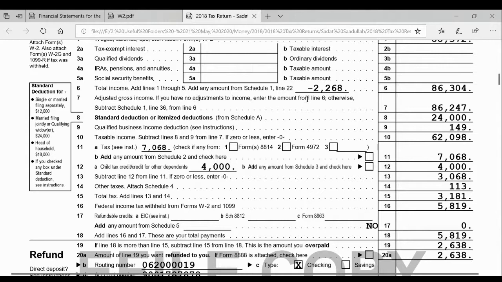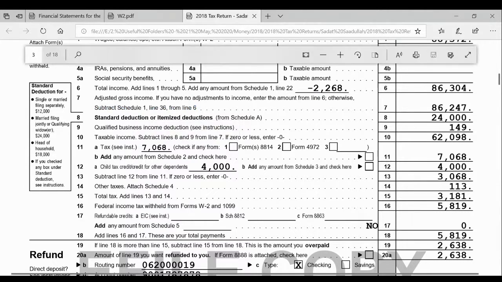It says total income, add lines 1 through 5, add amount from schedule 1, line 22. Go to line 7, it says adjusted gross income. If you have no adjustments to income, enter the amount from line 6. Otherwise, subtract schedule 1, line 36 from line 6. Do you see that? Is it complicated, or is it complicated? Tell me.